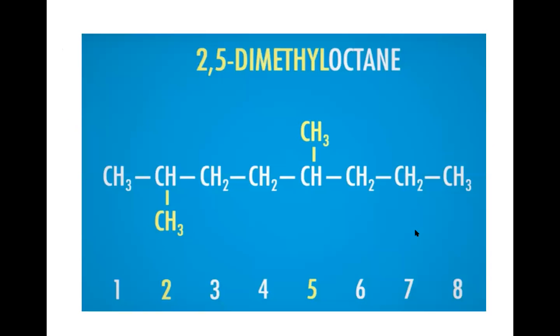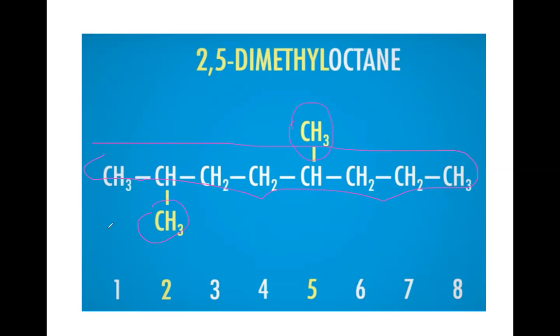This is going to be 2,5-dimethyloctane. Why? Simple, because the longest chain is this, and that is 8 carbons. Why 2,5-dimethyl? Well, dimethyl because there are 2 methyl groups, right?